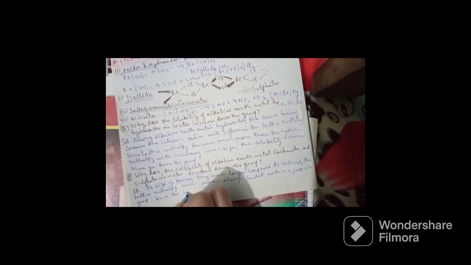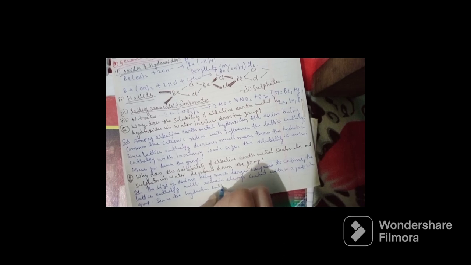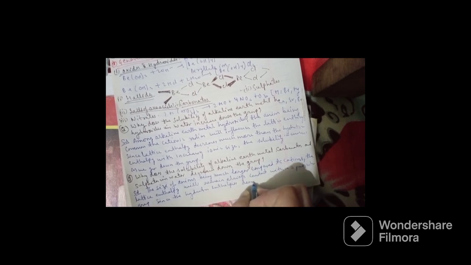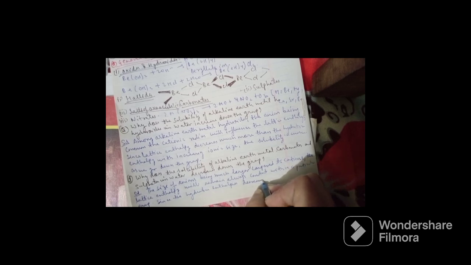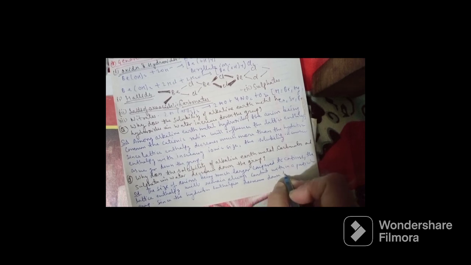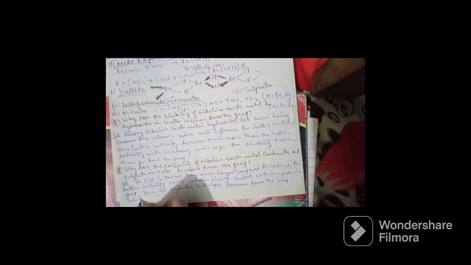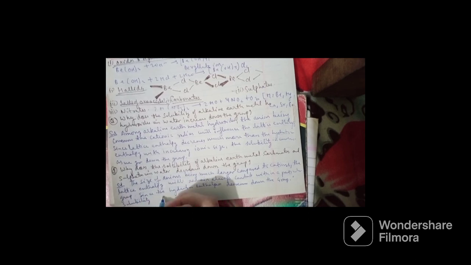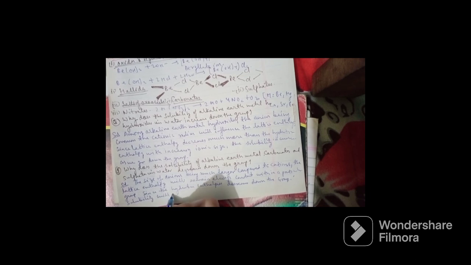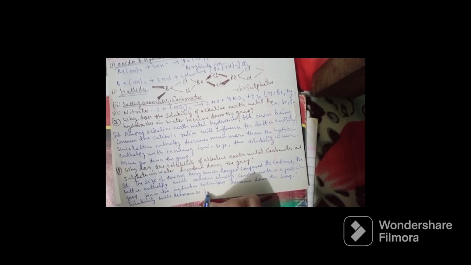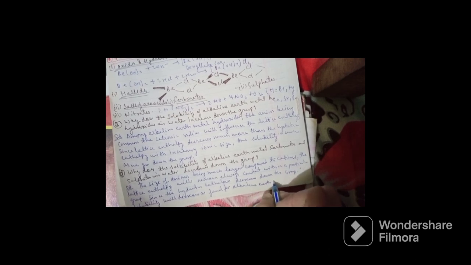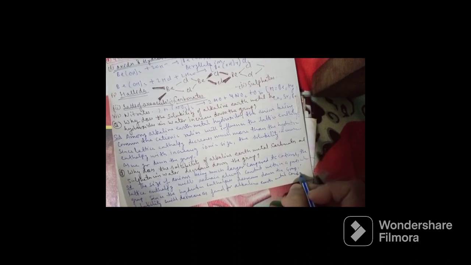Since the hydration enthalpies decrease down the group, solubility will decrease, as found for alkaline earth metal carbonates and sulfates.